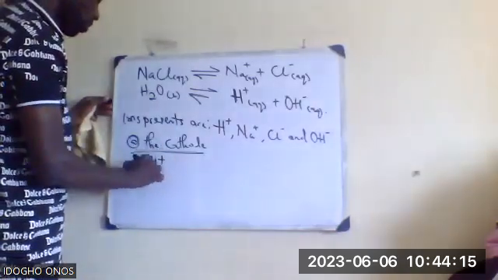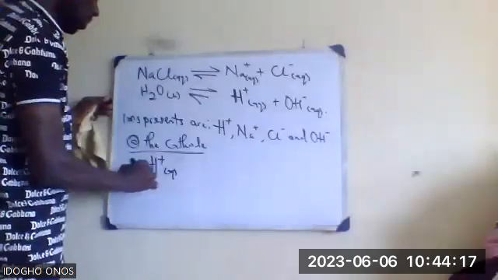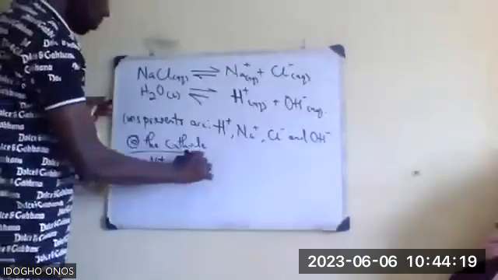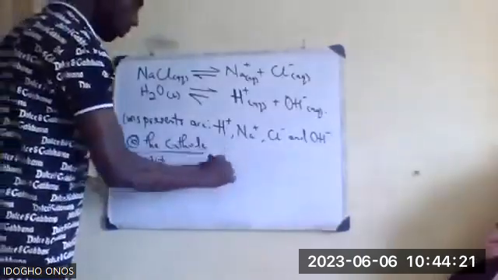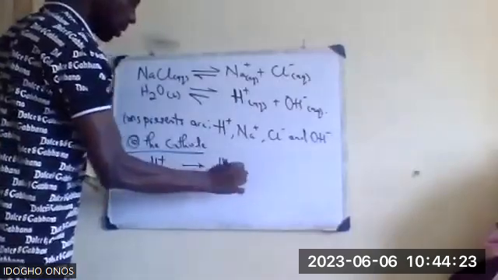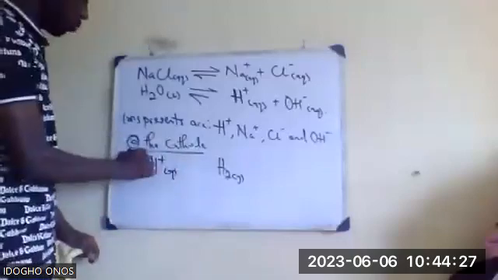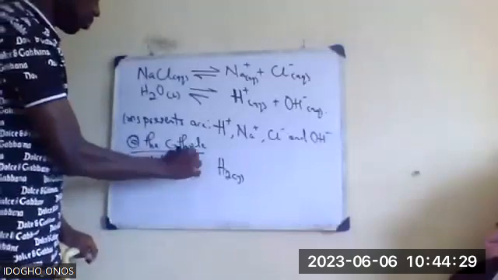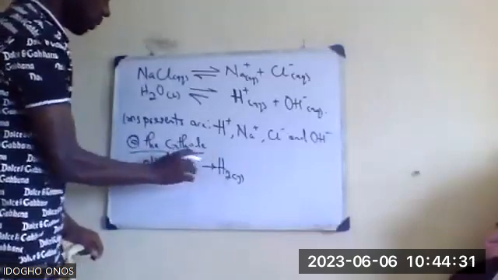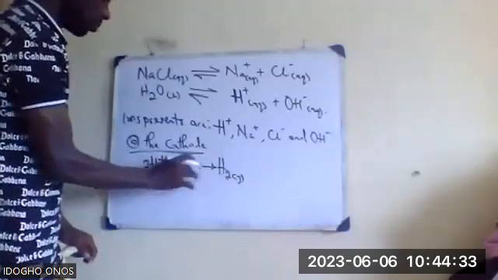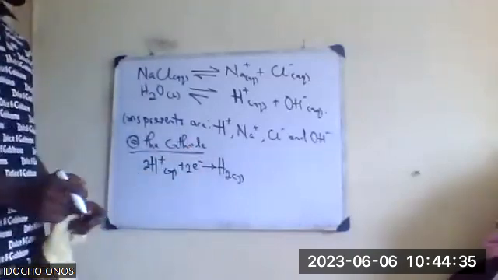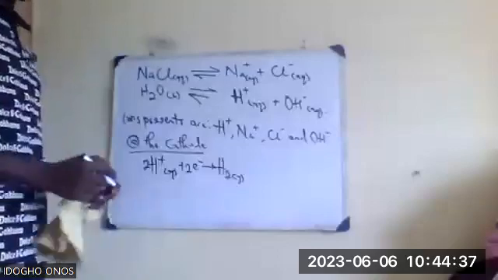Since it's hydrogen ion, I'll be adding hydrogen gas. Then this equation is not balanced like I did previously. You put 2 here and put 2 electrons here, to balance your equation. I hope this is well taken, madam.